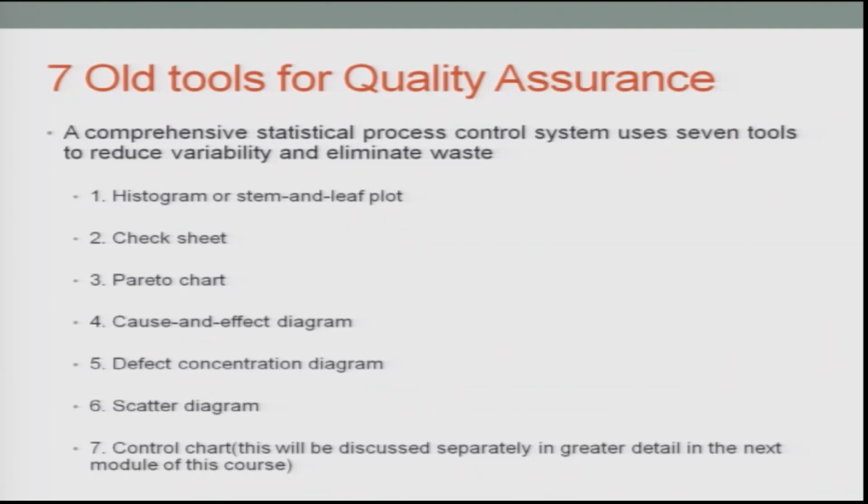You also consider the scatter diagram and control charts, which will be discussed separately in greater detail later, such as X bar charts, R charts, P charts and so on.